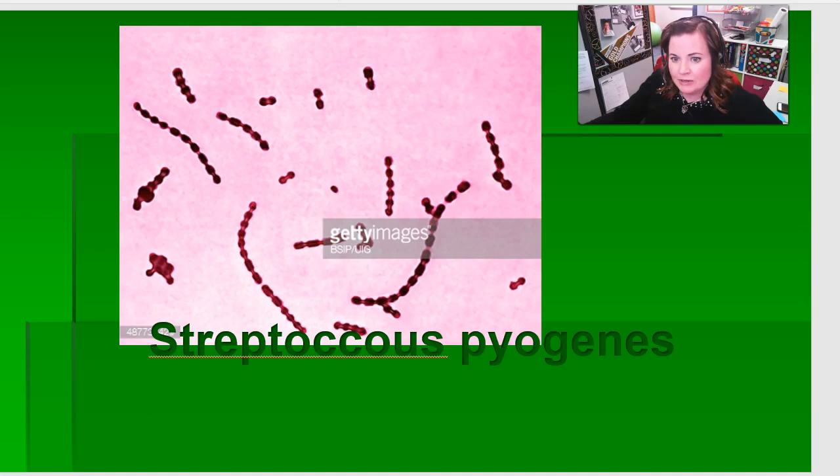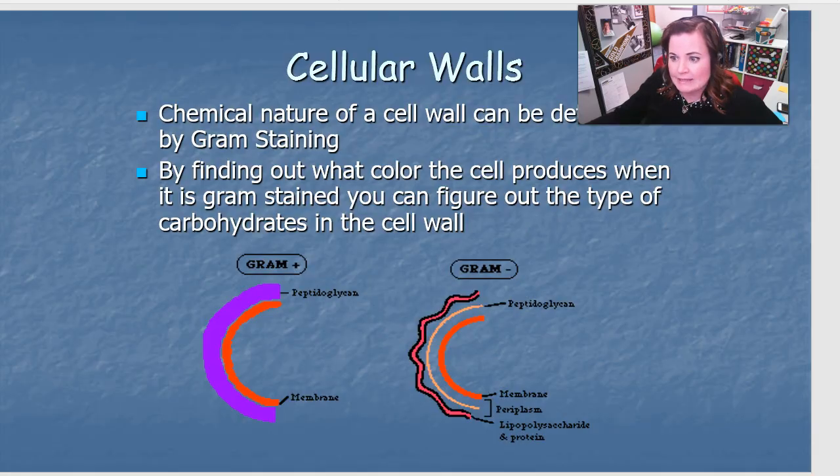Also, bacteria can be categorized as being either gram-positive or gram-negative. I guess both gram-positives and gram-negatives can cause human disease, but gram-negative tends to be more bad, harder to treat.